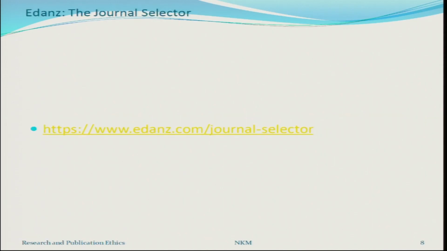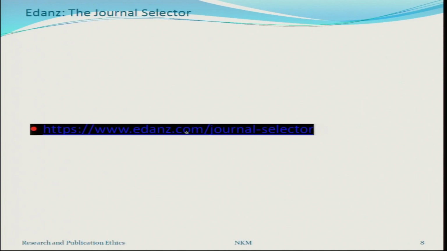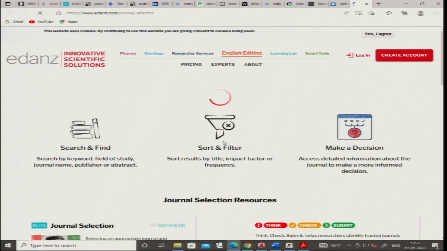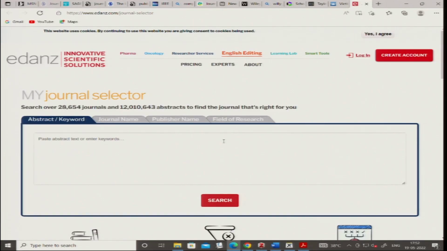Now let's move to another interesting finder service, Edanz, the Journal Selector. Let's try to understand how it works. When you open this page, you come to this Edanz Journal Selector. It provides you innovative scientific solutions. Here again, you can either paste the abstract or enter the keywords.